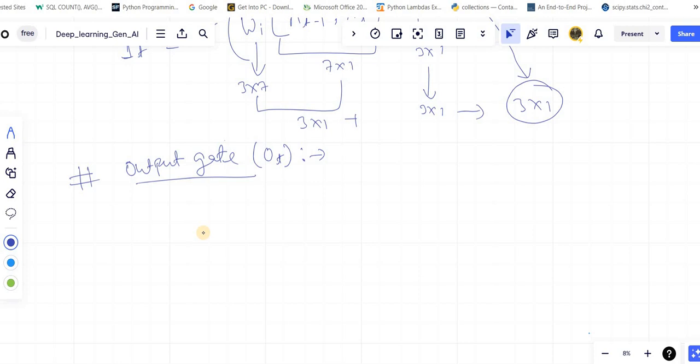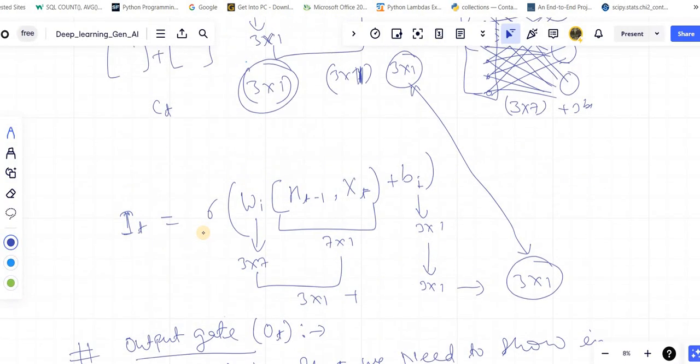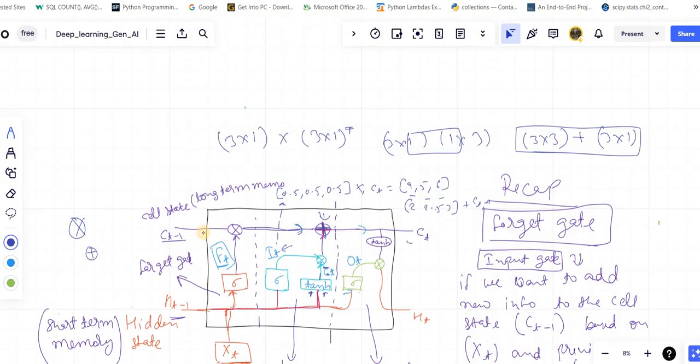The output gate is utilizing what we need to show in the final output, or you can say in CT and HT.